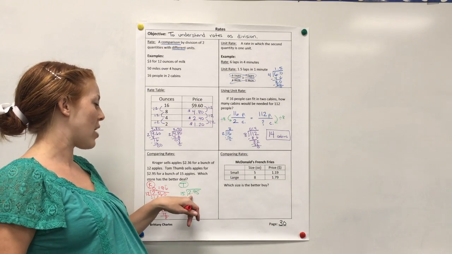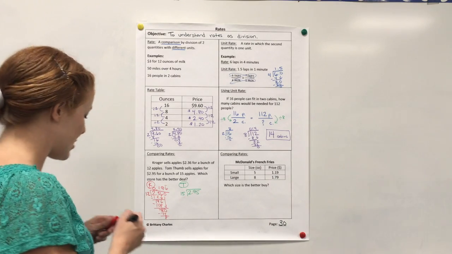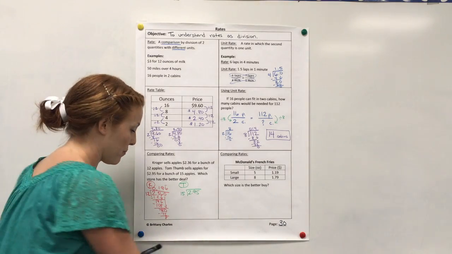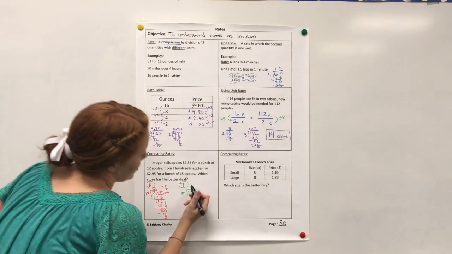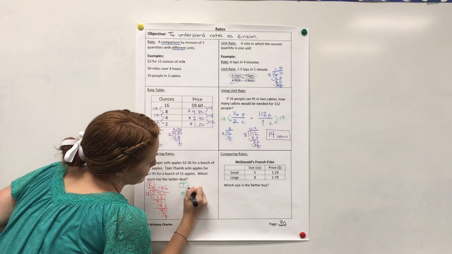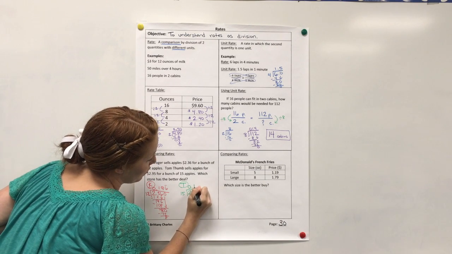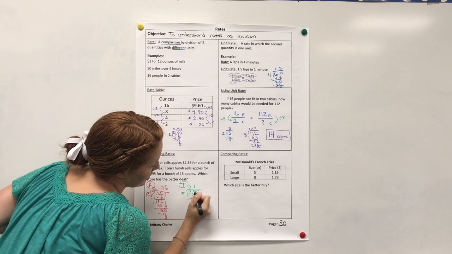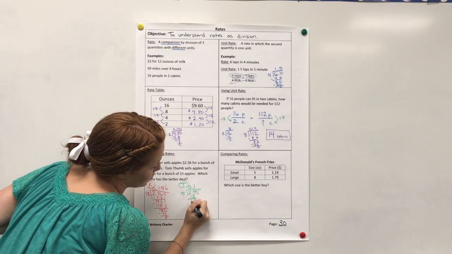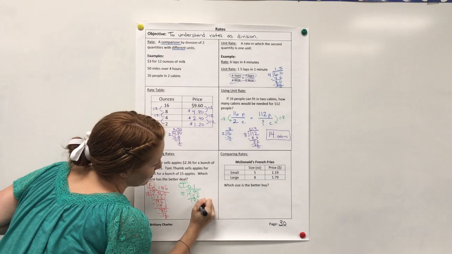Okay, so now let's try Tom Thumb and see if it's any cheaper. All right, so 15 doesn't go into 2. I put my decimal here, and it goes into that only once. 9 minus 5 is 4, and that's 1. I bring down.